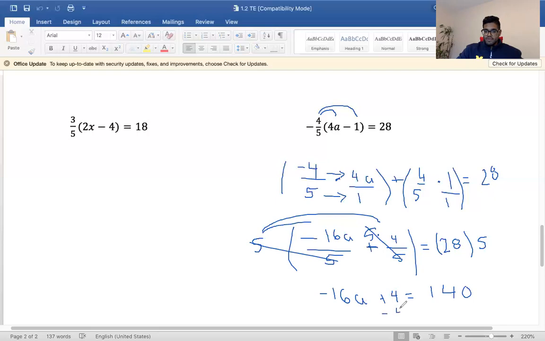So I'm going to subtract 4 on both sides. And I'm left with, bring it over here, negative 16a. Let me make some more room.